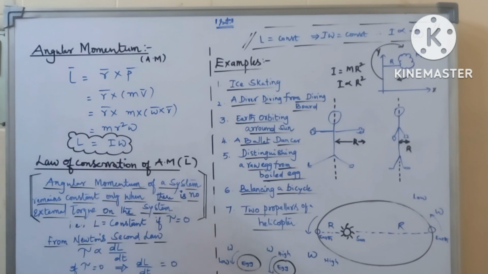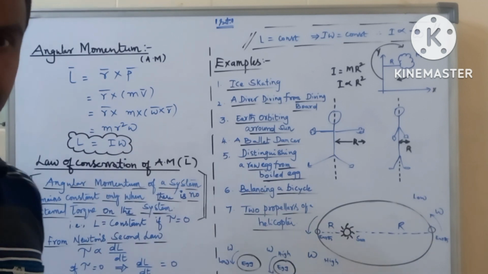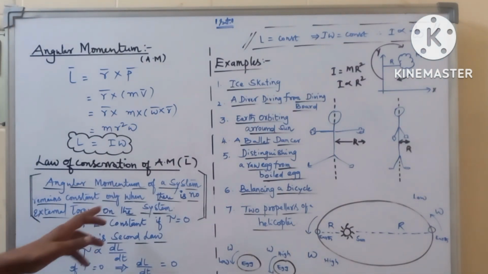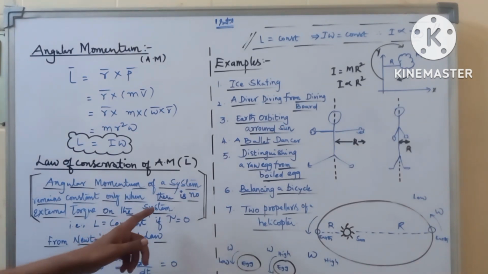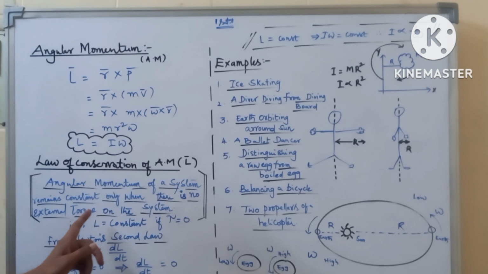Next, law of conservation of angular momentum. Angular momentum of a system remains constant only when there is no external torque on the system.